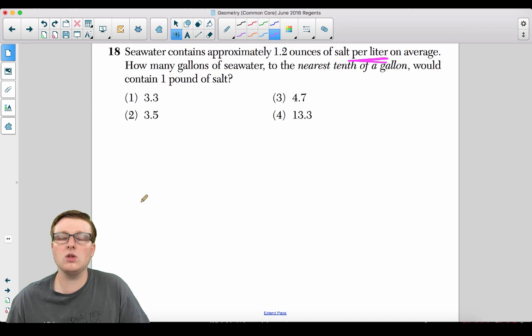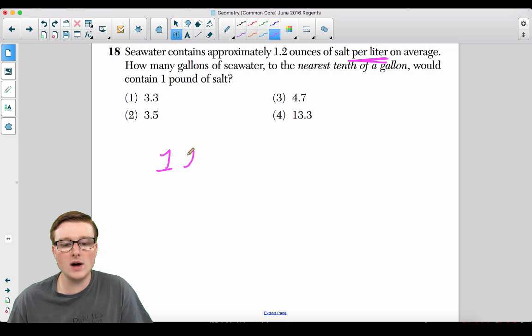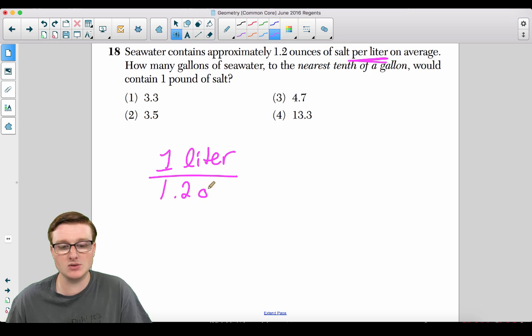So, let's do this. It says there's 1.2 ounces per liter. So in 1 liter of seawater, or one bottled liter of seawater, there are 1.2 ounces of salt within that. Now, what we're going to do is multiply by 16 ounces over 1 pound. Why am I doing this?